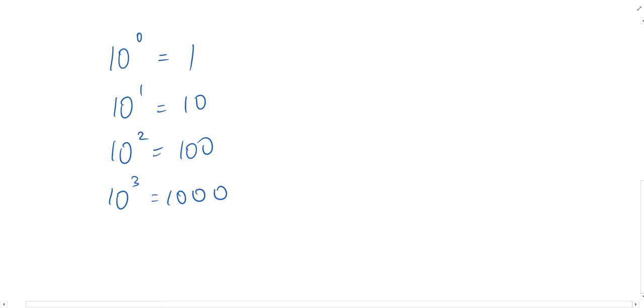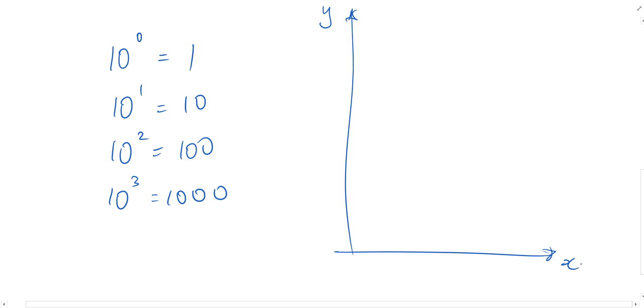If I want to plot this graph, y and x, what should x be? Should x be the yellow or the green one? Yellow, okay. So what are my values of x? 0, 1, 2, 3.